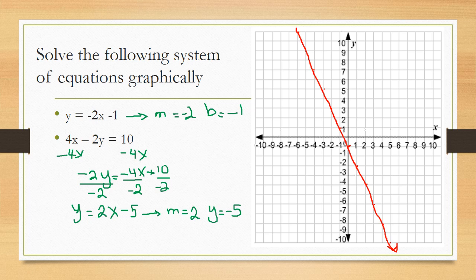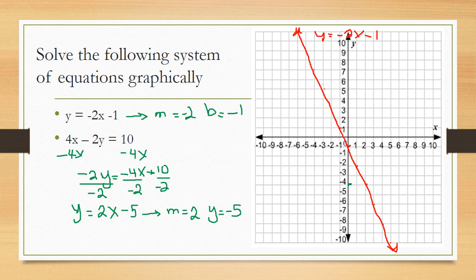And I'm going to label my line y equals negative 2x minus 1. I'm going to graph my other line with green. The y-intercept is negative 5. And then I'm going to use the slope.